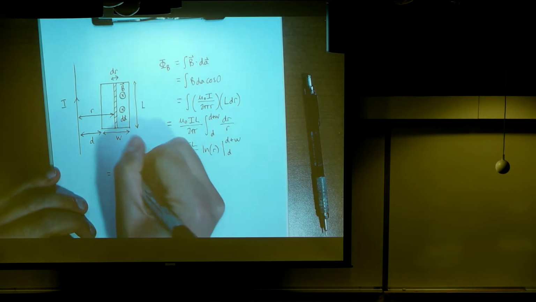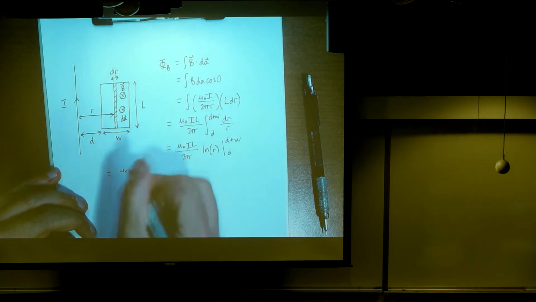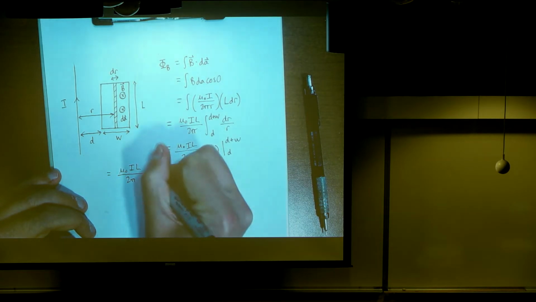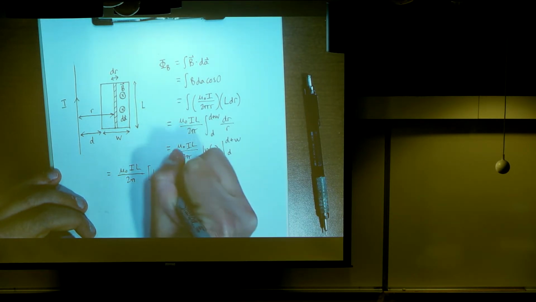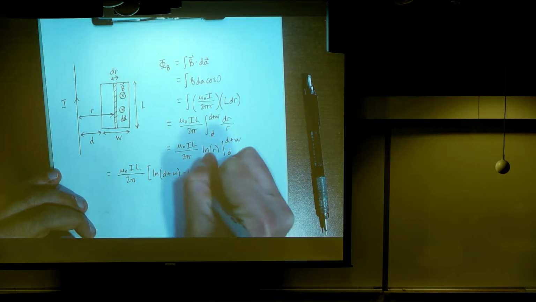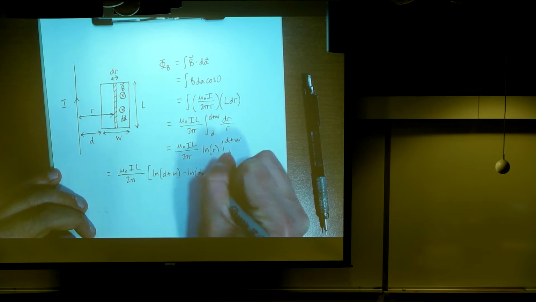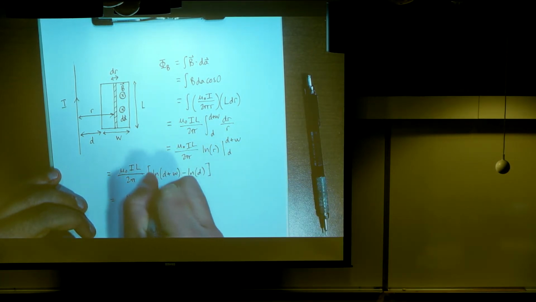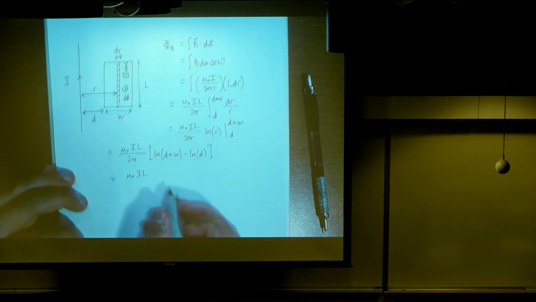Okay, so just to do a little more work, we have mu naught times I times L divided by 2 pi. And then let's plug in the top limit. I have natural log of D plus W, minus, plug in the bottom limit, natural log of D. What can I do to combine those two natural log terms?